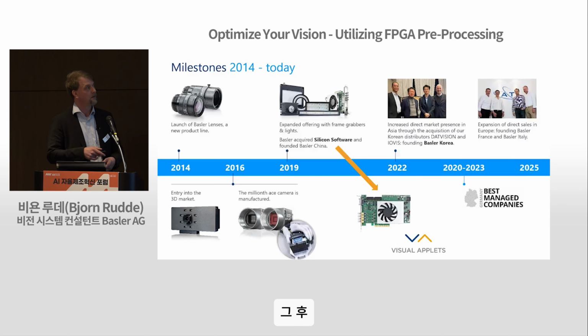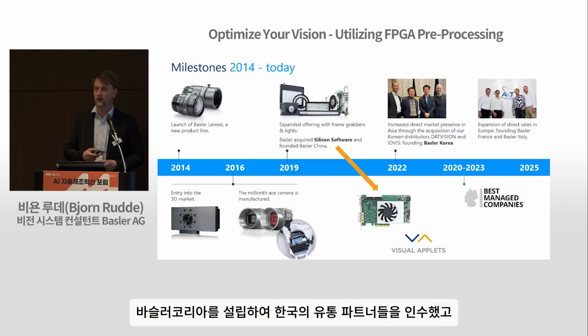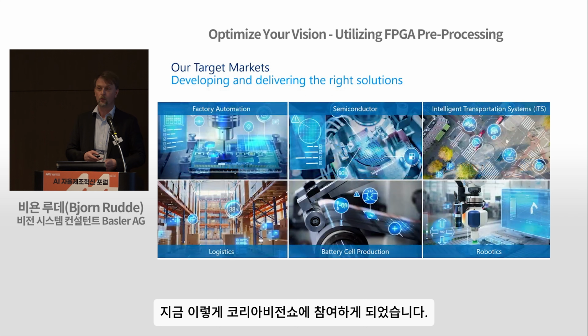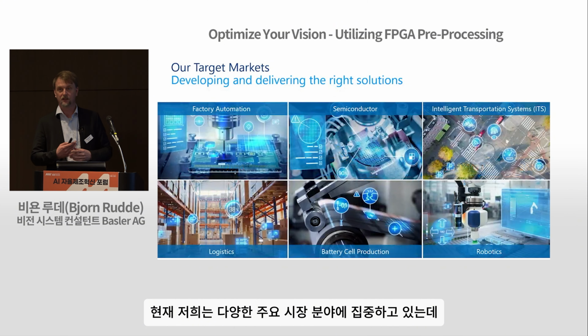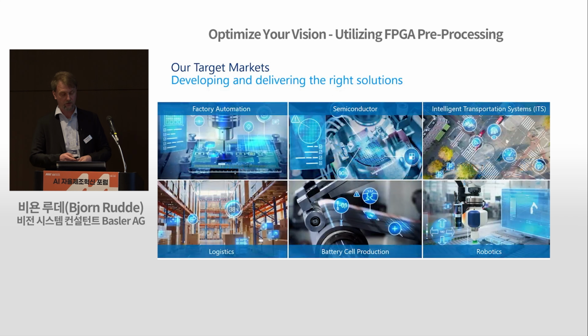Shortly after that, Basler Korea was founded by acquiring two distributors. Now we are today here on the Korean Vision Show, where we have a lot of customers being interested in the different target markets we are focusing on.